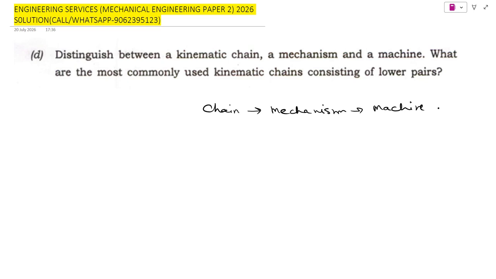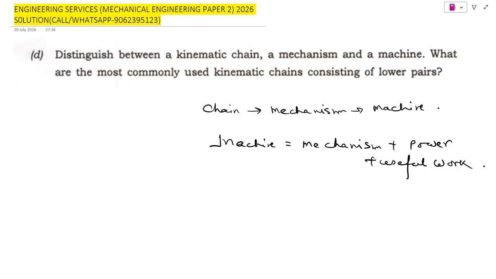So a machine is mechanism plus power plus useful work. Examples are the lathe machine, drilling machine, internal combustion engine, pump, and compressor. A machine not only produces motion but also performs useful mechanical work.